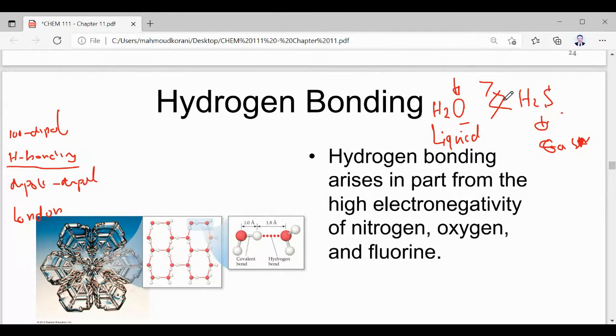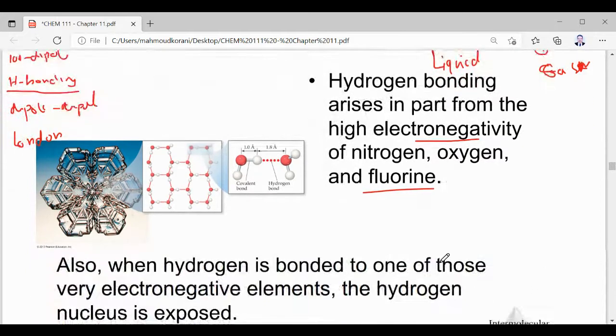I have already showed you in the previous lecture and at the start of today's lecture that the main reason for a substance to be liquid or solid is the intermolecular forces. In the case of water, it is hydrogen bonding, which arises from highly electronegative atoms like nitrogen, oxygen, and fluorine.